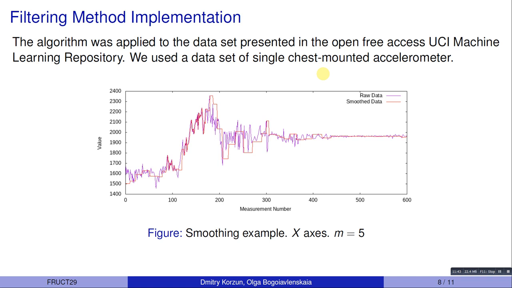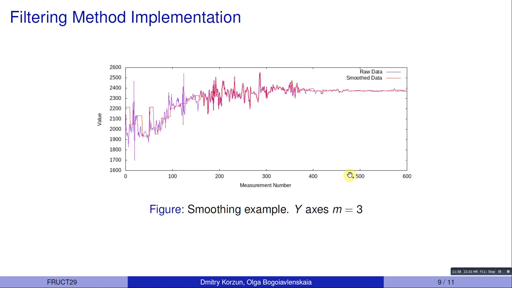So you can see here that it basically follows the values, and if they are stable, the delay increases. Now here you can see yet another smoothing example. It's for the y-axis and m is equal to 3.